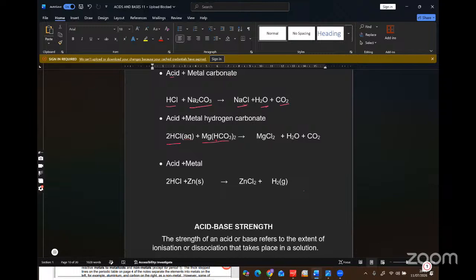It's not a full carbonate, it's hydrogen carbonate. You produce a salt, water, and carbon dioxide. And when you react an acid and a metal, like an acid and zinc, you produce a salt and hydrogen gas. So this is what we have as far as this is concerned.